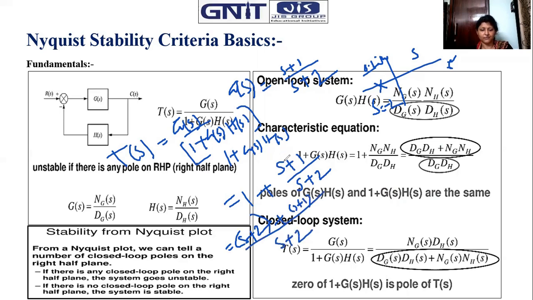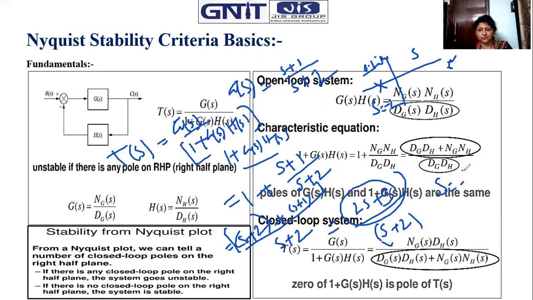The roots of that characteristics equation are nothing but the closed loop pole positions. So open loop pole position, closed loop pole position.